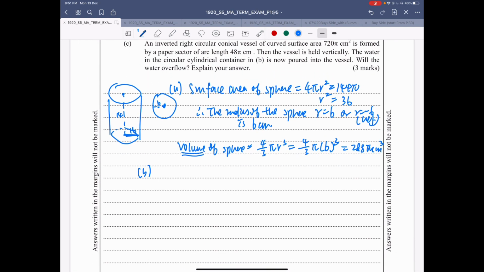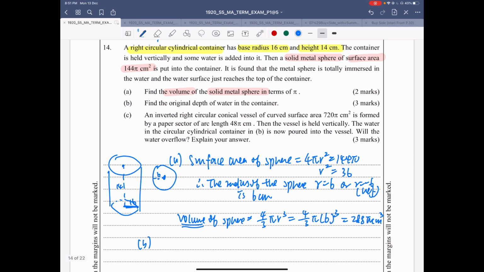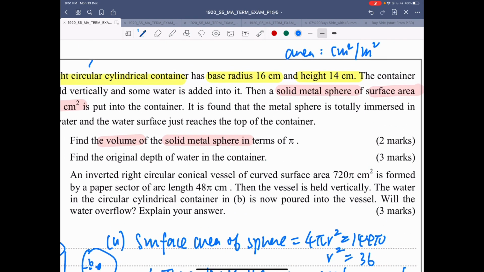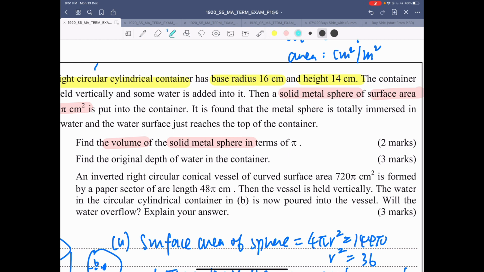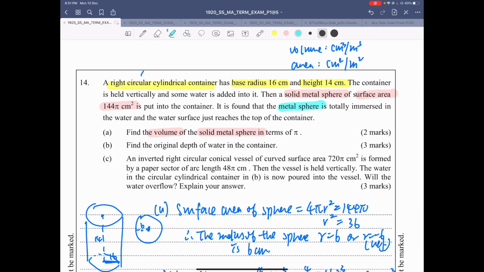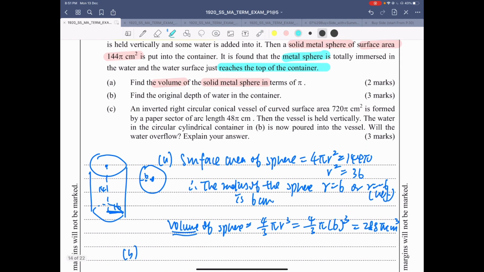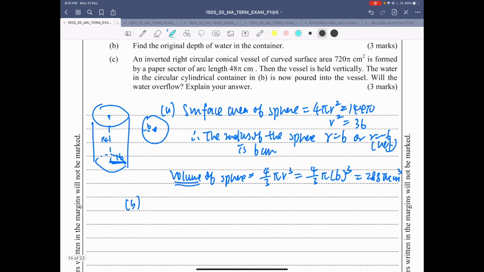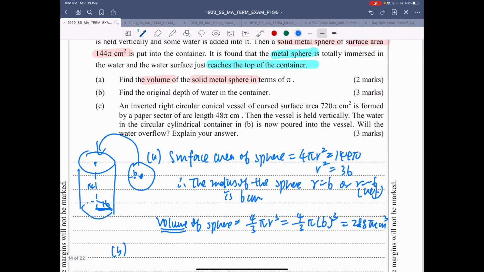And part B, find the original depth of water in the container. Let's look at this information. It is found that the metal sphere is totally immersed in the water, and the water surface just reaches the top of the container, which means that if I put this sphere into the container, the water just fits the top of the container.